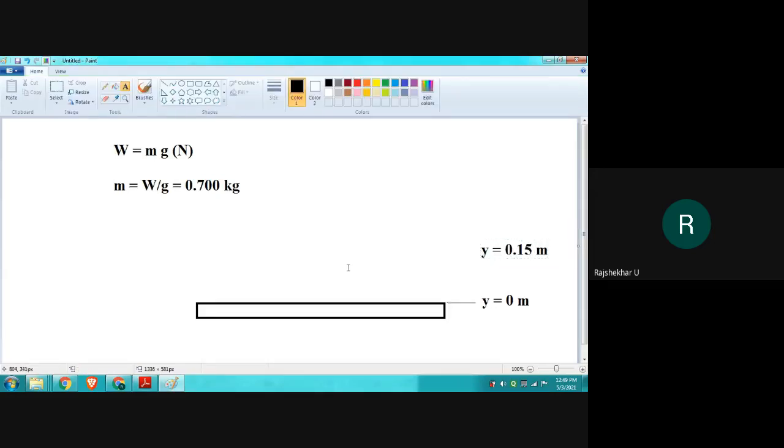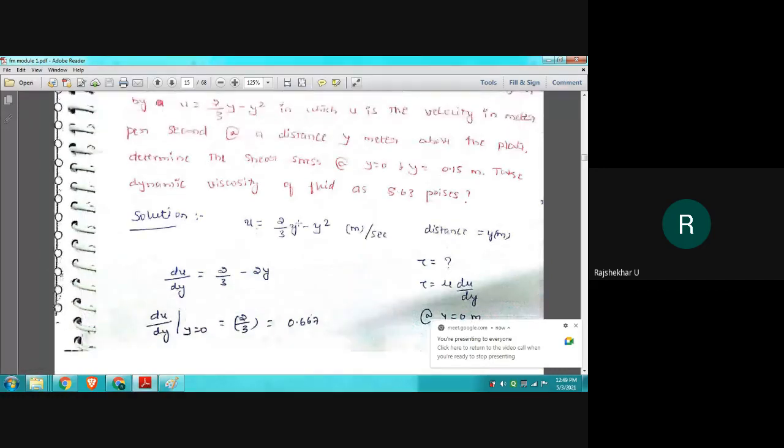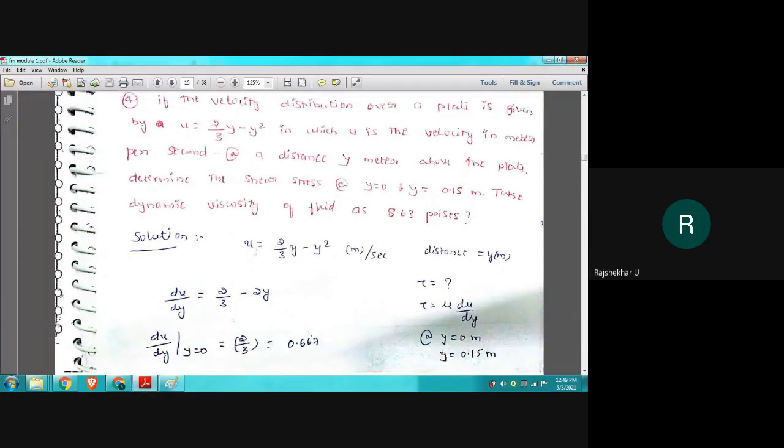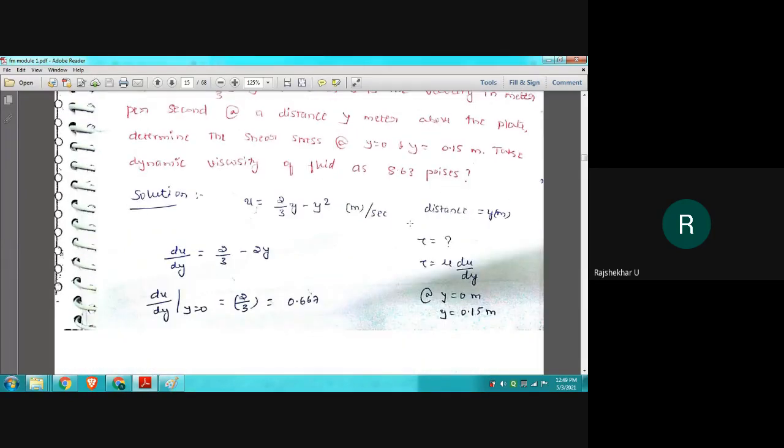For this case, you have to find the answer. As I told, it is perpendicular. We'll try to find out the shear stress, and they have given the liquid flowing over the plate, its dynamic viscosity is 8.63 poise. The equation is also given.